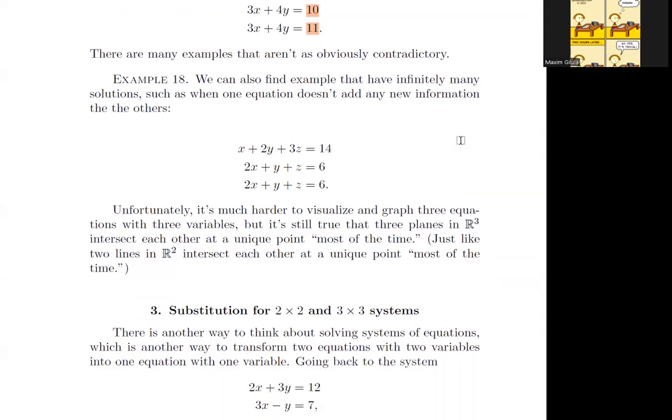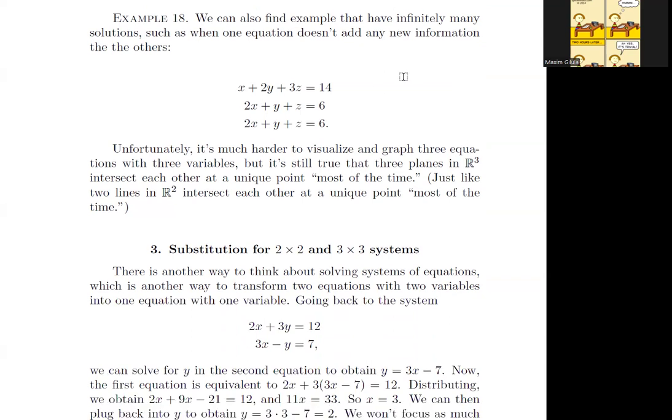There are also equations that have infinitely many solutions. For example, if I have 3 equations and 3 unknowns, but actually it's only 2 equations and 3 unknowns. This last one doesn't give me any new information. So the only relevant ones are these two.